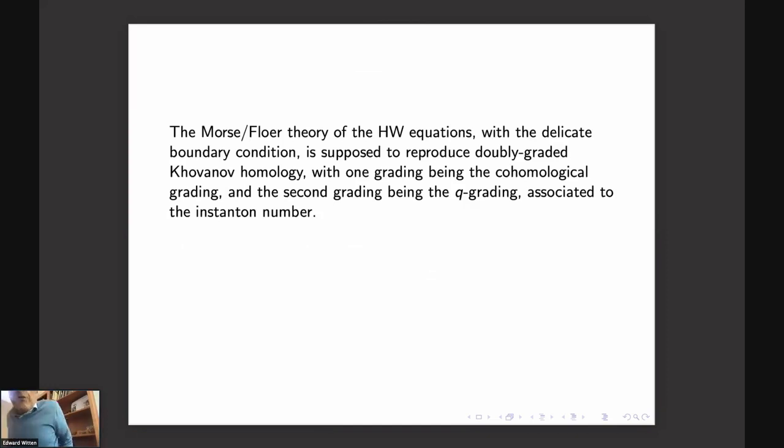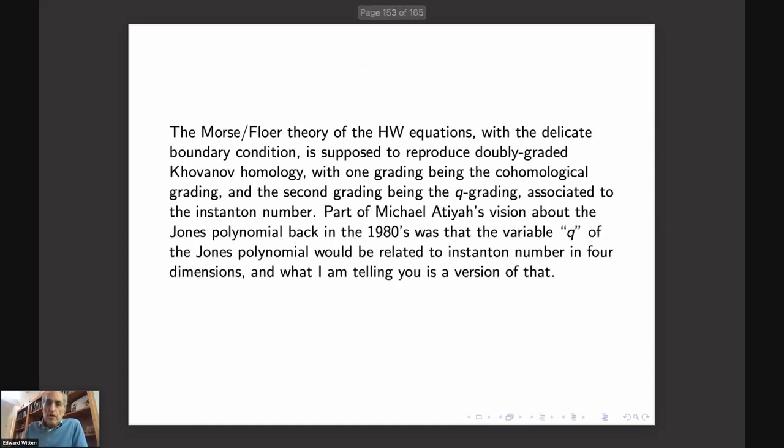So the Morse-Floer theory of the HW equation with this fancy boundary condition is supposed to reproduce doubly graded Khovanov homology, with one grading being the cohomological grading and the second grading being the Q grading associated to instanton number. I think I have to mention that part of Michael Atiyah's vision about the Jones polynomial way back in the 80s was that the variable Q of the Jones polynomial would be related to instanton number in 4 dimensions.